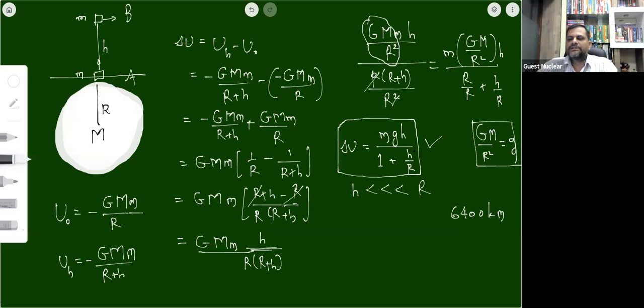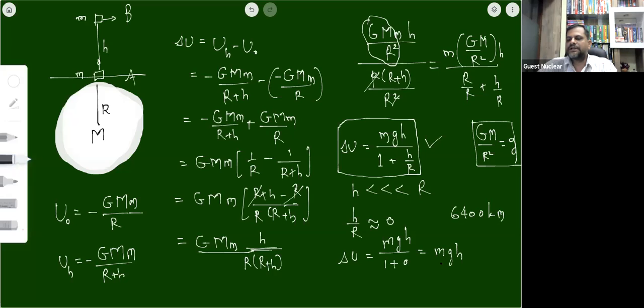So in that case we can just neglect this h by r factor, and we can just take this one only, and 1 plus 0, तो देखो यहाँ पे h upon r in this case will be very small, and it will be negligible as compared to this 1 here, and in that case the change in potential energy will be simply equal to mgh upon 1 plus 0, and 1 plus 0 मतलब 1, and mgh upon 1 मतलब simply mgh.